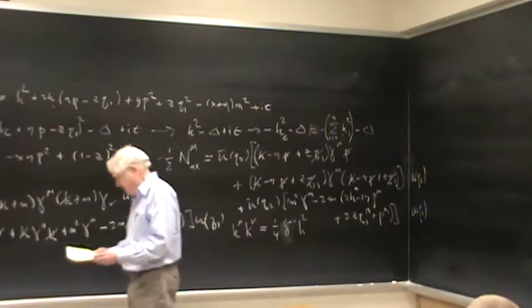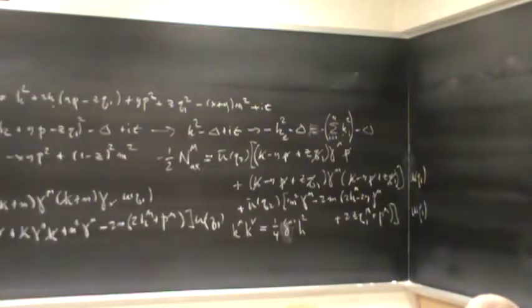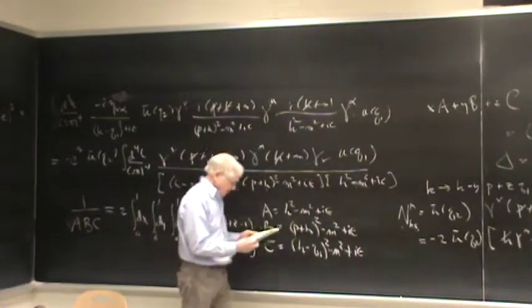You then use Bourdon's identity, and you use the fact that the delta function ensures that x plus y plus z is equal to 1.